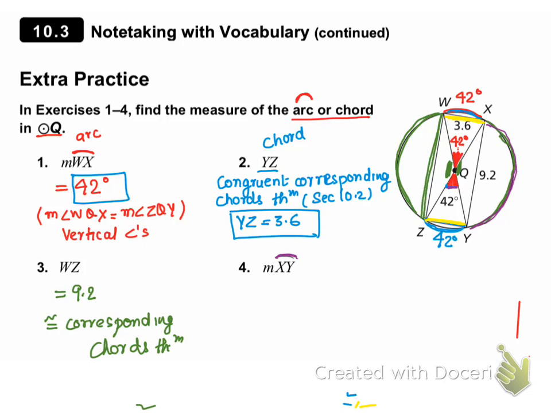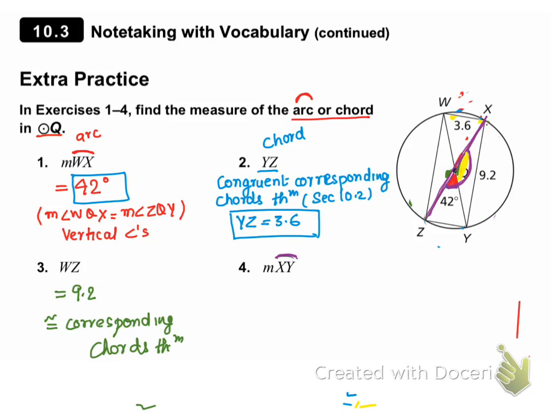This angle is 42, and I know this is a straight angle, so the whole thing is 180. Let me erase the remaining part, you don't need it, so you can easily understand it. Here I know that this is 42.